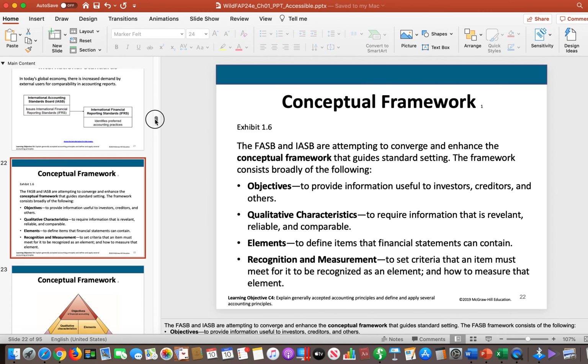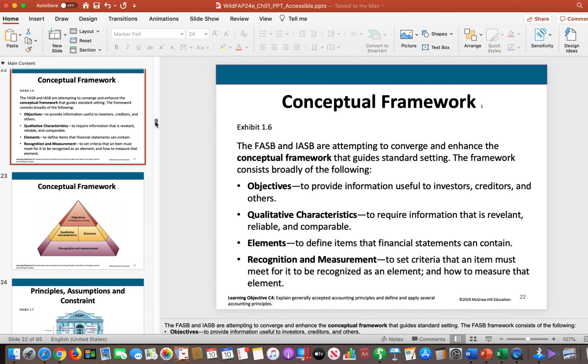Now, as I said, the FASB and IASB have been trying to work together so that you have some universality, and they've established some objective. The objective is to provide information that's useful to capital providers, such as investors and creditors.